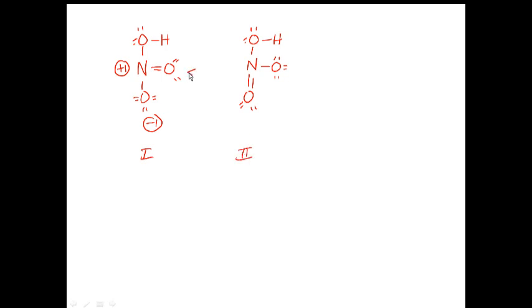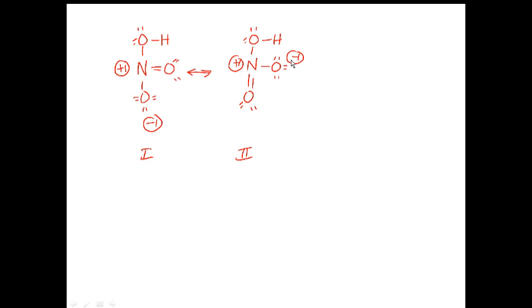They're resonance structures, so I'm going to use the double-headed arrow to show the difference between the two of them. And I'm going to draw in the non-zero formal charges, a +1 for the nitrogen and -1 for the oxygen.